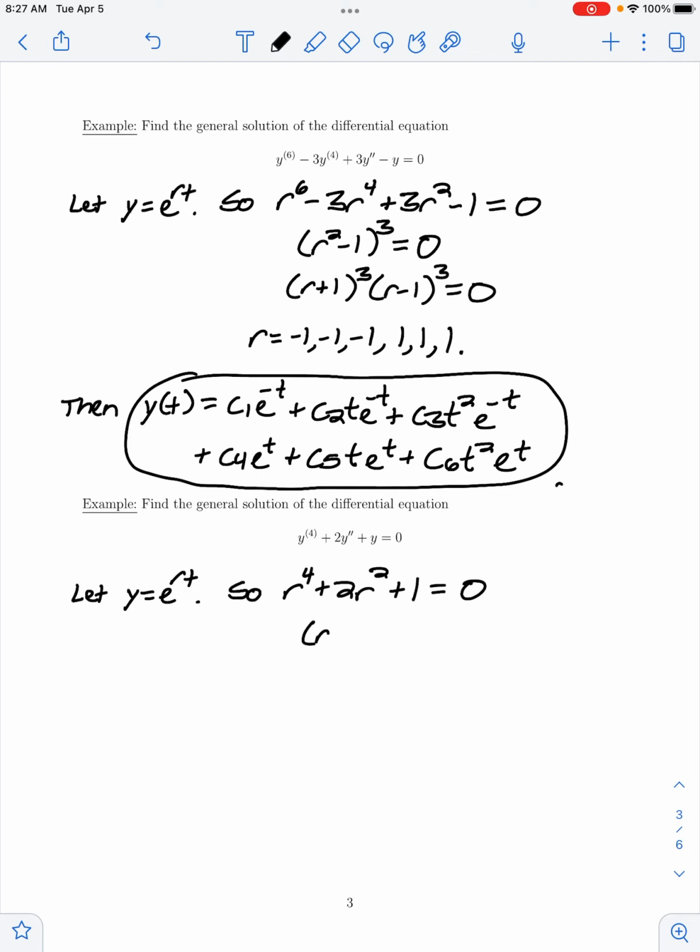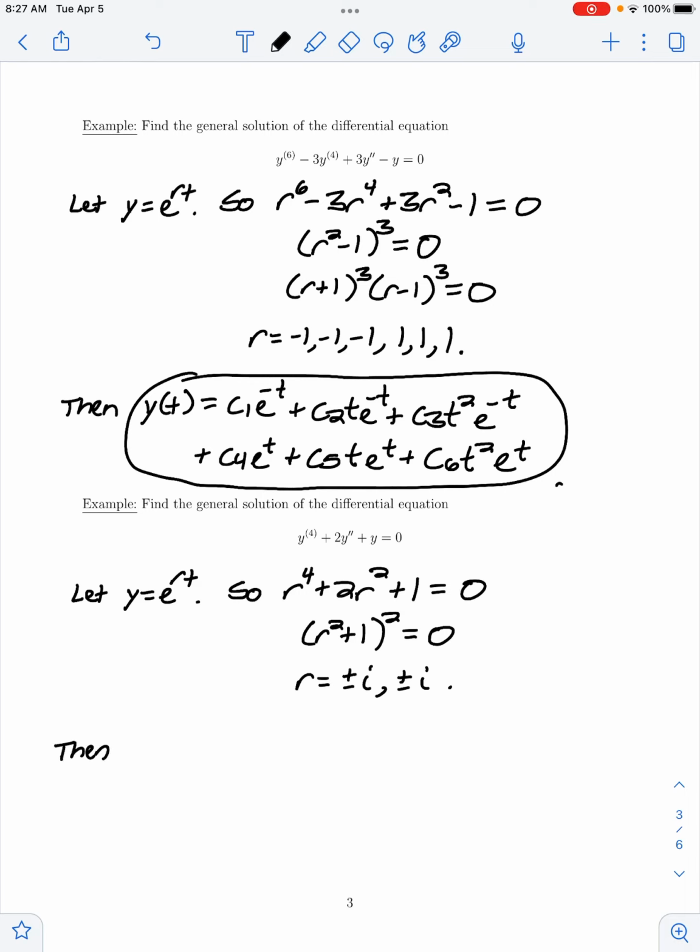And this can be factored as r squared plus 1 quantity squared is equal to 0. So our roots would be plus or minus i with a multiplicity of 2, since this r squared plus 1 was being squared. So here we have the case of complex conjugate roots, which are repeated.